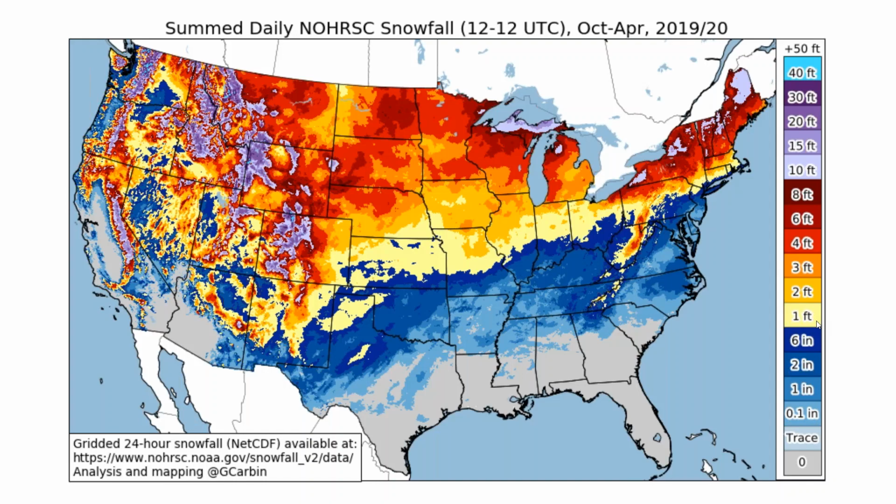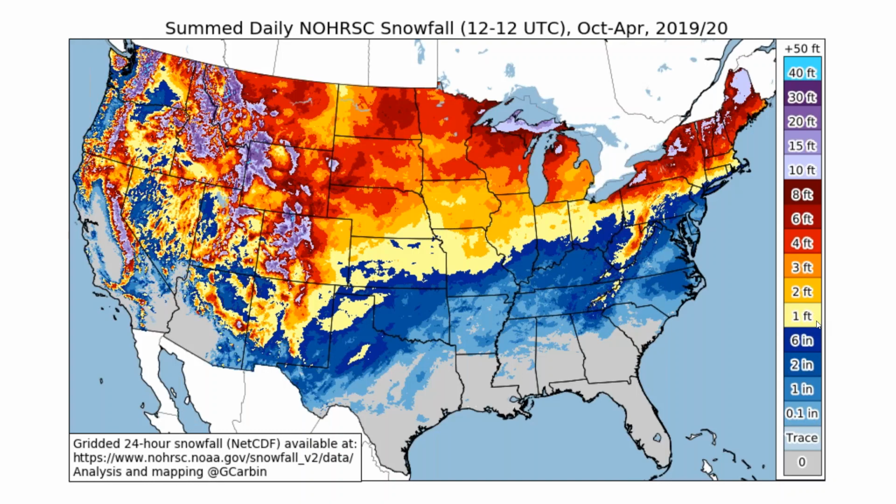And I don't know if there's anything too shocking on this until you see the departures in a second, but I saw amounts upwards of 10 to 15 feet, quite common, especially downwind of the Great Lakes and the higher elevations of New England, and also across the Rockies, the Sierra Nevada, and the Cascades.